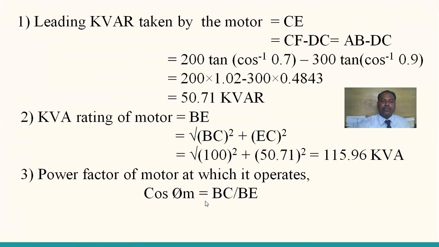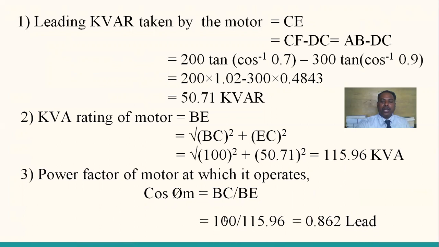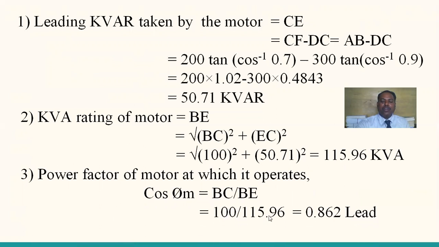So cos phi m, the motor power factor, is equal to BC, the real power, by BE, the apparent power, which is 100 by 115.96, which is equal to 0.86 lead. So in this problem, the three unknowns are the leading kVAR supplied by the motor, the kVA rating of the motor, and the power factor of the motor circuit. So these all three are to be calculated.